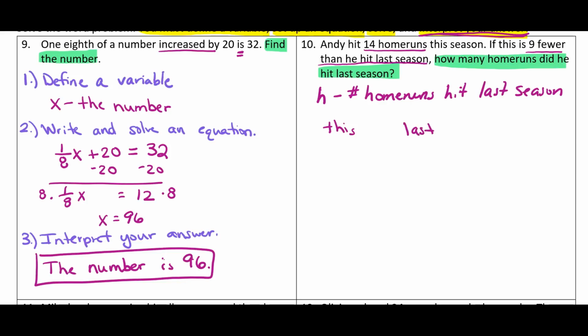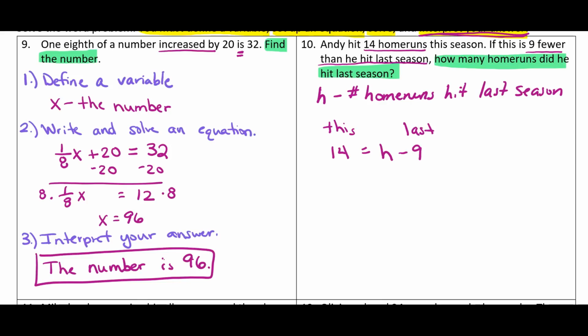Now this 14 is 9 fewer than he hit last season. So this 14 is going to equal the home runs he hit last season, but 9 fewer, so minus 9.